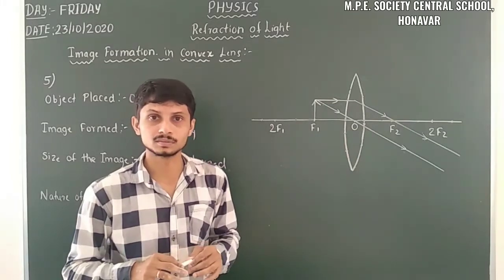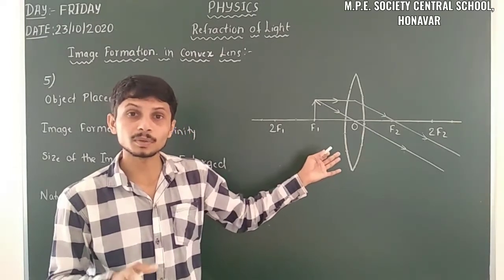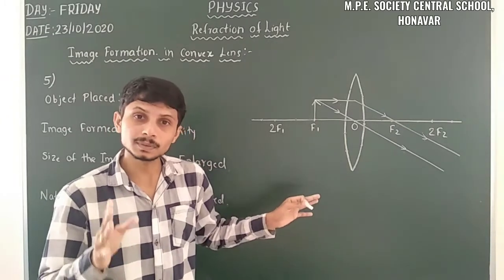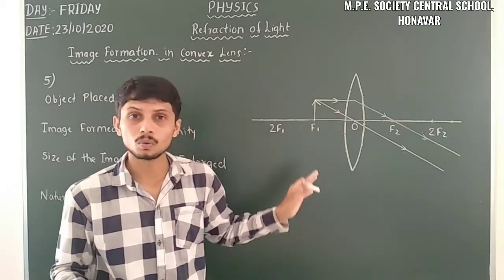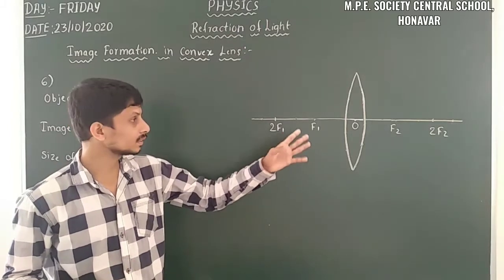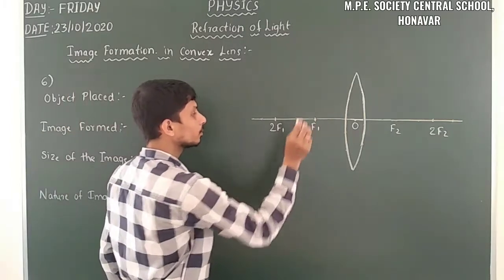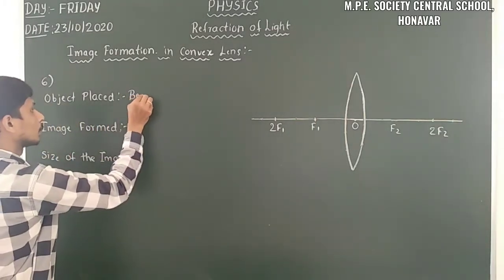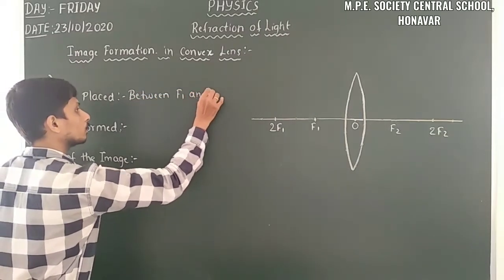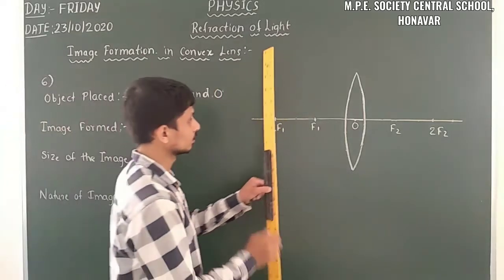From this observation we can take all the other image formations. So let us take the last case of image formation in convex lens, that is the object placed between F1 and O. So let us take the object here.